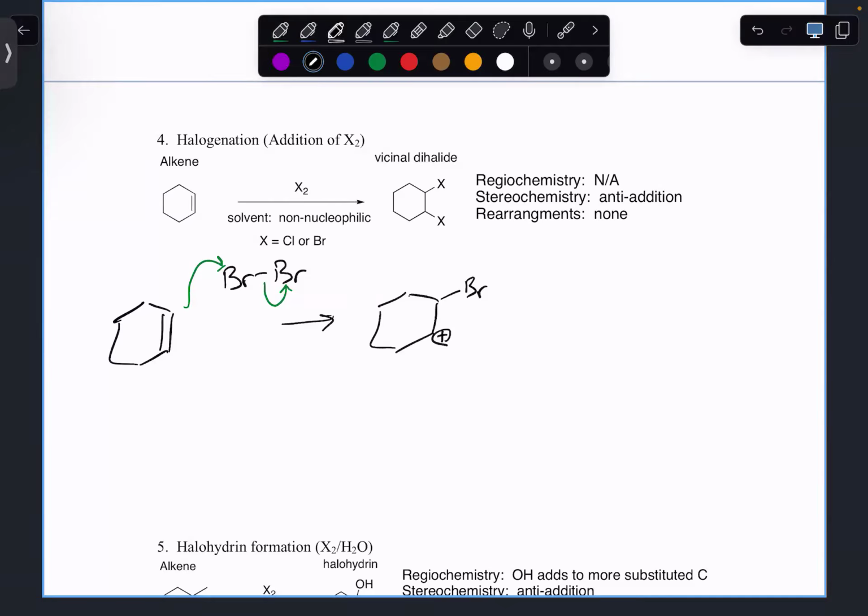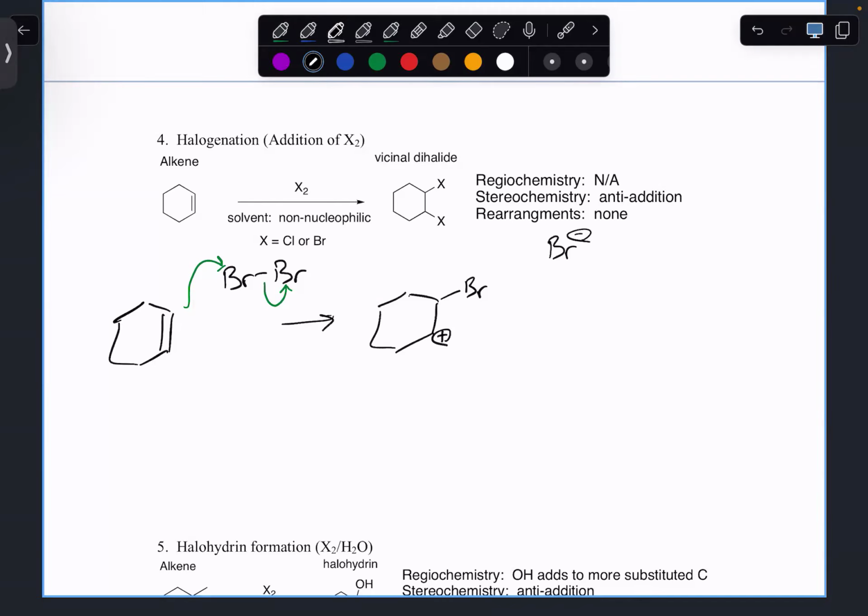By the way, the other thing that gives us is Br minus. If this bromine-bromine bond breaks, notice what this arrow is indicating. It's indicating that those electrons went with that bromine, so it's now a bromide ion.